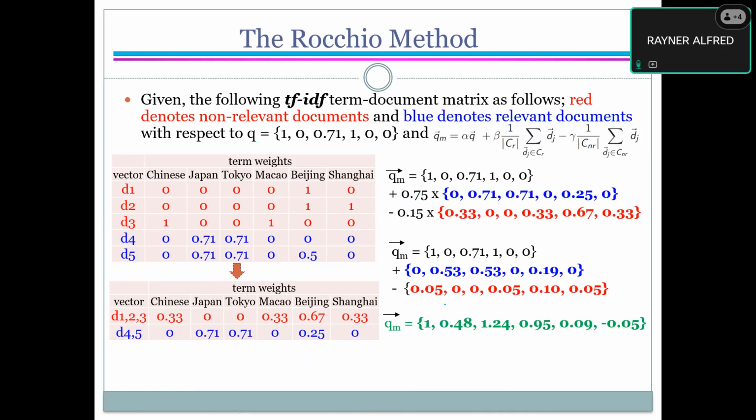So this is to illustrate how we modify the query to be near to the relevant document. Okay, so we add the average weightage of the relevant document, and we subtract the average weightage of the non-relevant document. So this is how it automates the process of moving your initial query to the modified query.